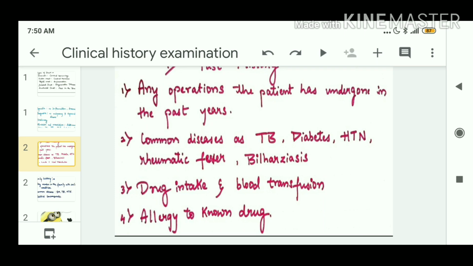Bilharziasis, also called schistosomiasis, is a parasitic infection caused by flatworms like flukes. And whether the patient has had drug intake and blood transfusion, and whether he has allergy to any known drug. If they have allergy, they will say to what drugs, if they know.